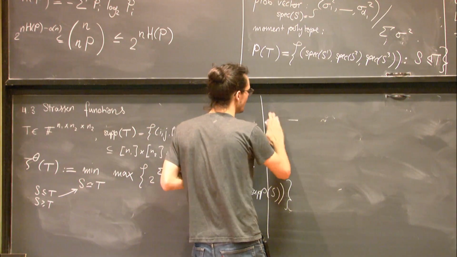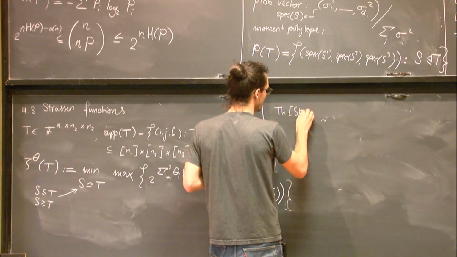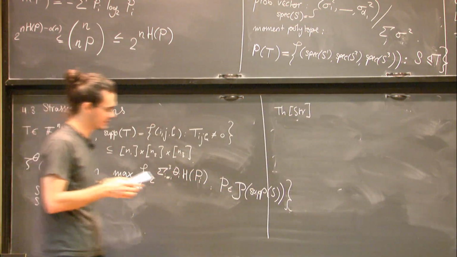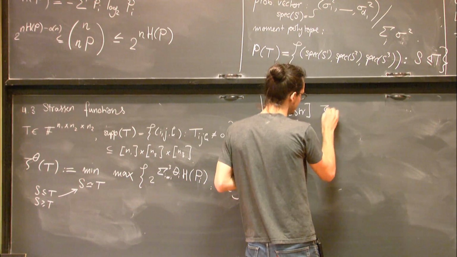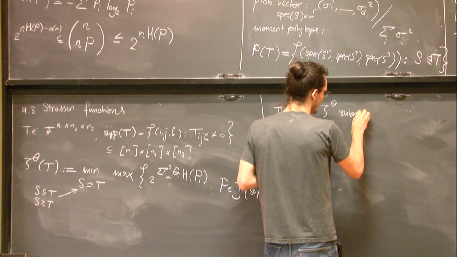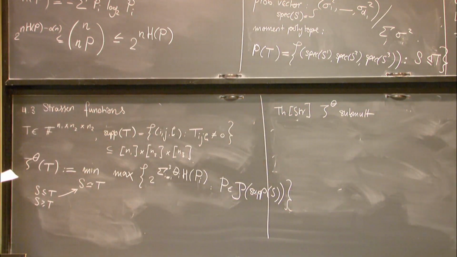And so here the result is that this is not in the asymptotic spectrum, but it's almost. So what happens is that this function is submultiplicative for any theta.